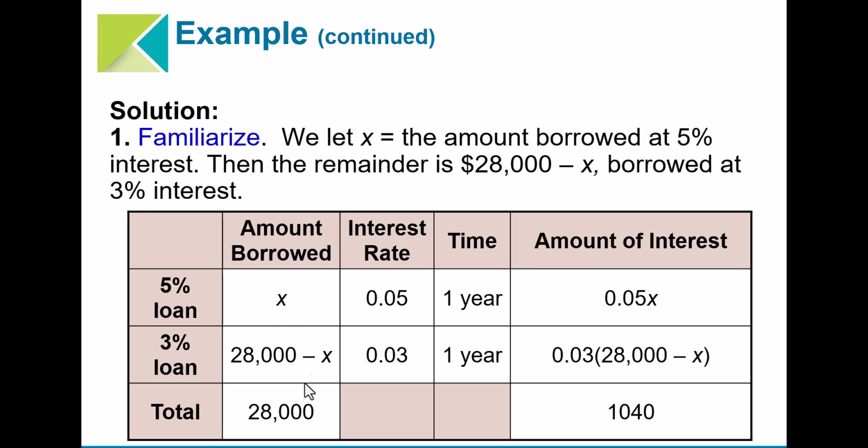And as you can see, those total to that. We have the 5% and the 3% both at 1 year. To be able to find the amount of interest, as you heard me mention, it's the amount borrowed times the rate times time. So x times 0.05 times 1, how we get this. Same thing here, multiply it out. And it said the amount of interest was this $1,040.